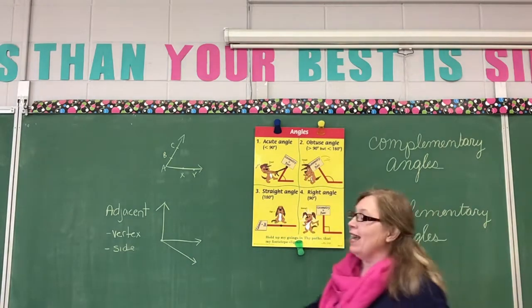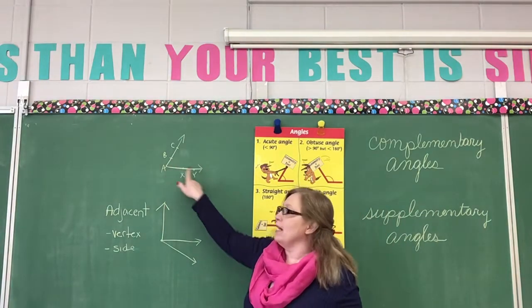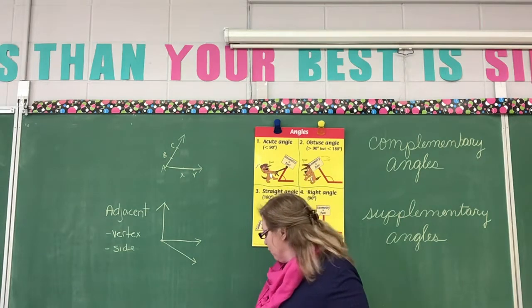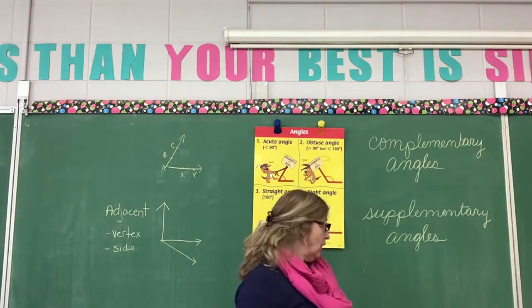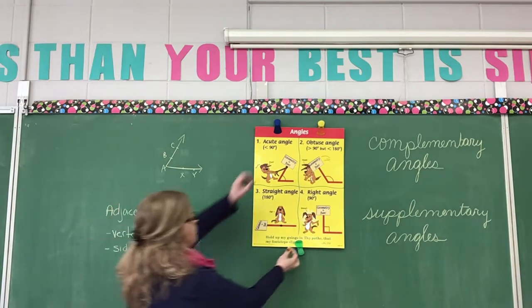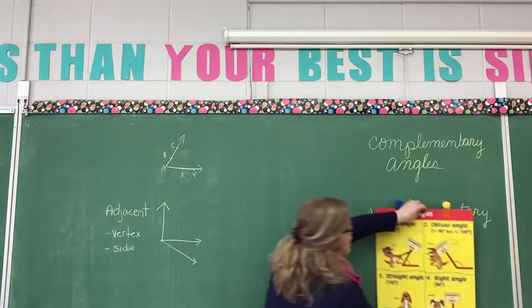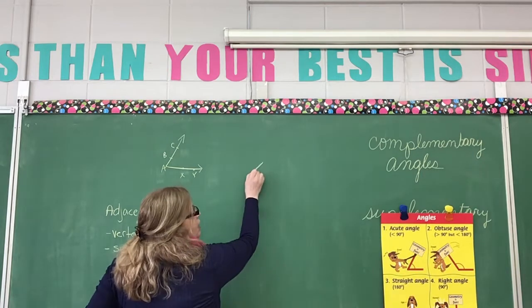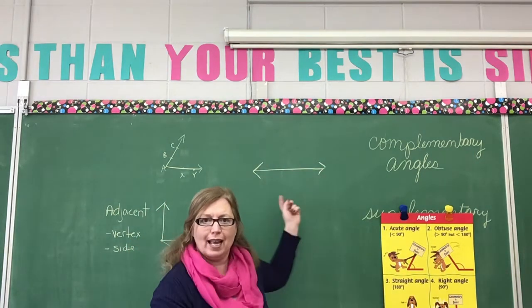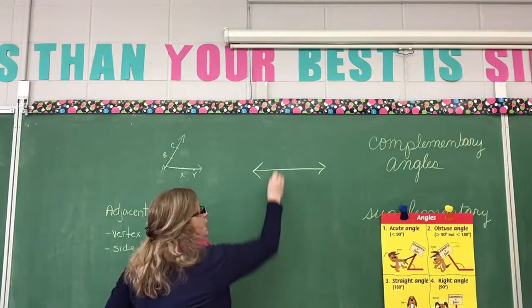First of all, an angle is where two lines or rays come together. They are actually rays, okay? So let's back up for a second. If a line goes indefinitely in both directions, it has an arrow on both ends, this is a line.